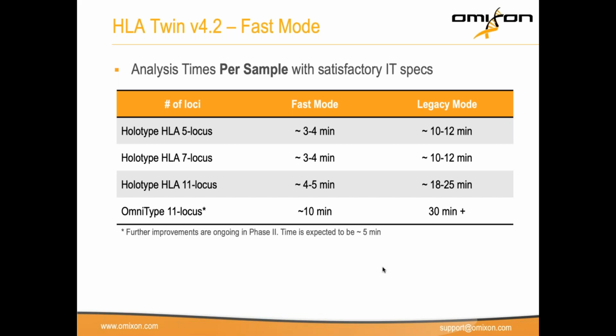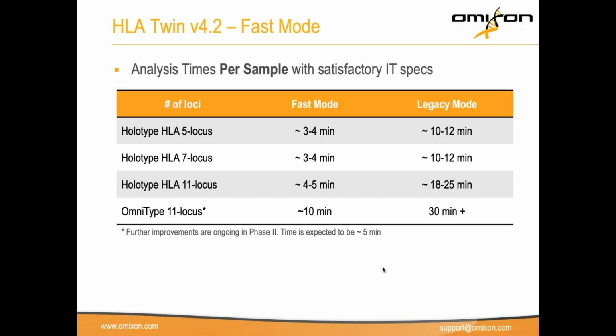So for a holotype HLA 5 locus sample with a fast mode, it takes approximately 3 to 4 minutes to be analyzed, whereas with a legacy mode, it used to take 10 minutes or more to be analyzed. With a holotype HLA 7 locus sample, it is very comparable. The analysis time is very comparable to the 5 locus ones.